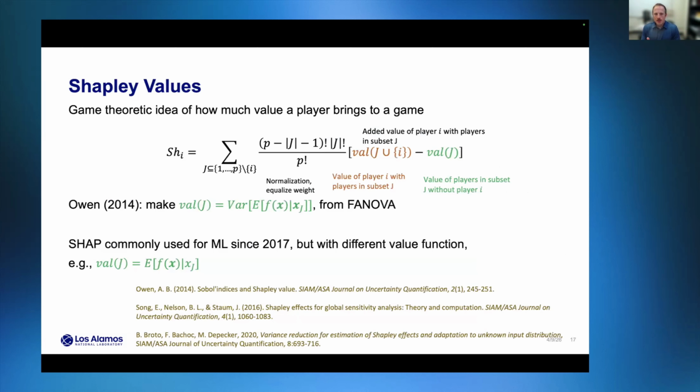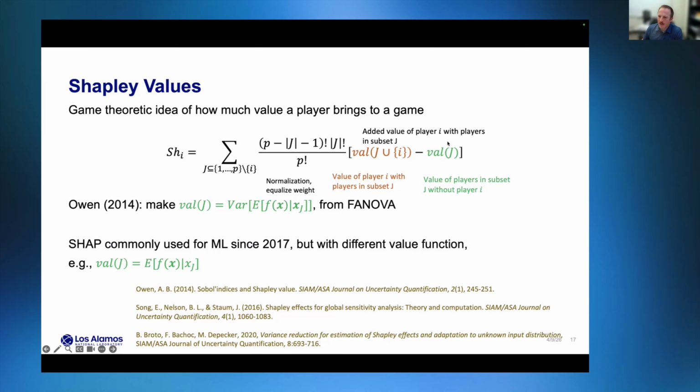So to explain what the Shapley values are, it's a game theoretic idea of understanding how much value a player brings to a game that involves teams or groups of players. And so the concept we'll have here, J, capital J, is a subset of 1 to P, a subset of the parameters.